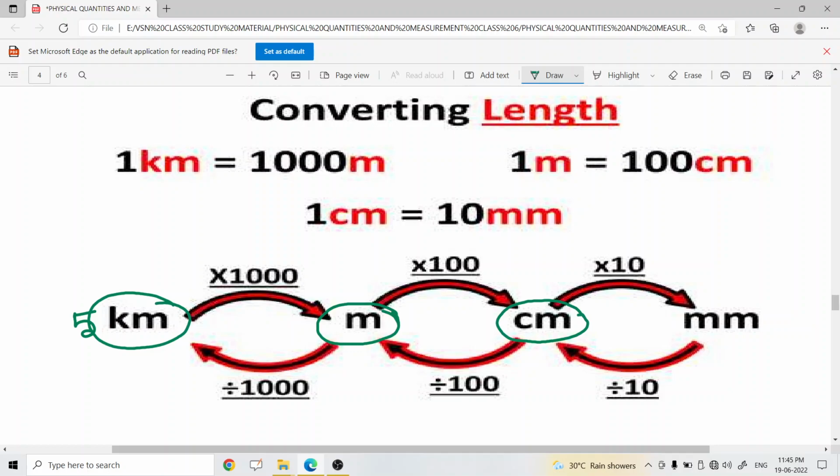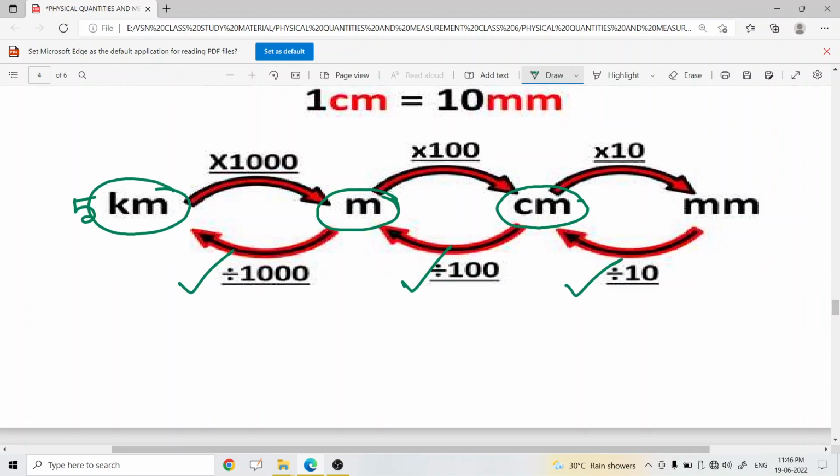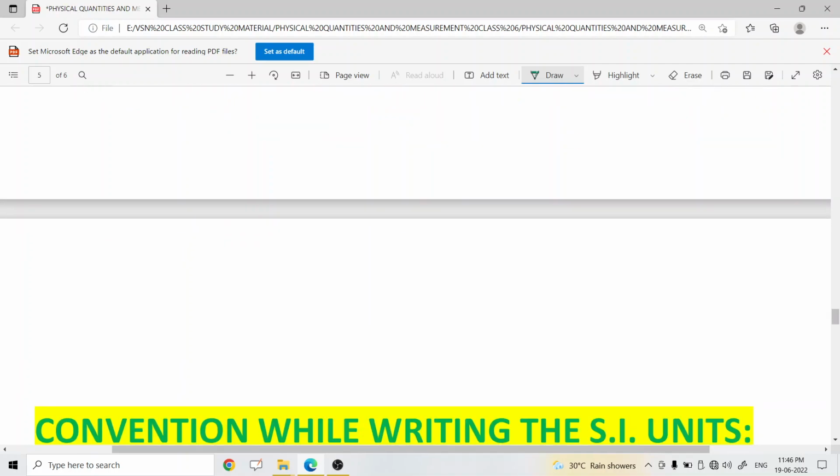Similarly, in the reverse process, if we want to go from millimeter to centimeter, we have to divide by 10. If we want centimeter to meter, we divide by 100, and if we want to go from meter to kilometer, we divide by 1000. So these are the processes to convert from one unit to another unit.